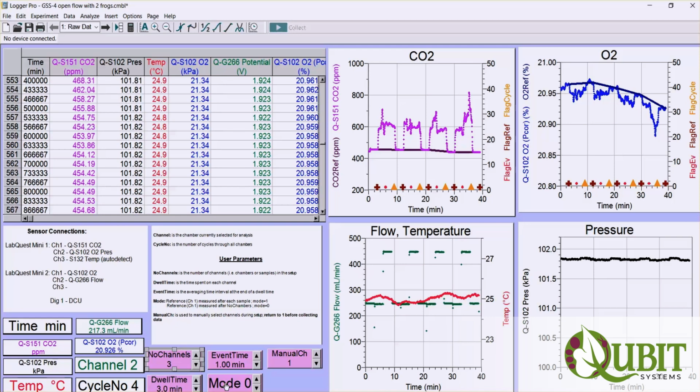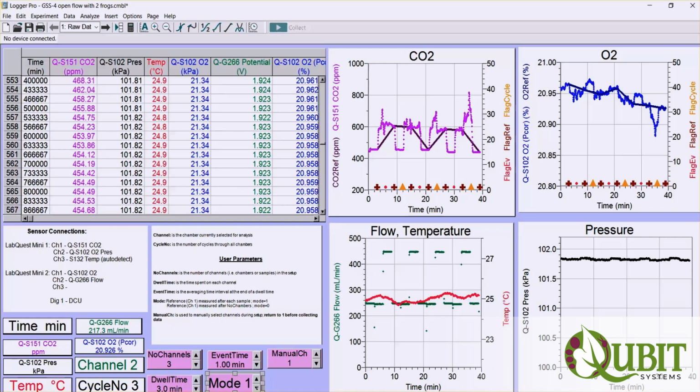The second mode that's available is mode 1, and I'll change this here to show you. Mode 1 is when reference measurements are done after each channel with the sample. So you would measure channel 1, which is your reference, then 2, back to 1, then 3, back to 1, then 4, and so on.